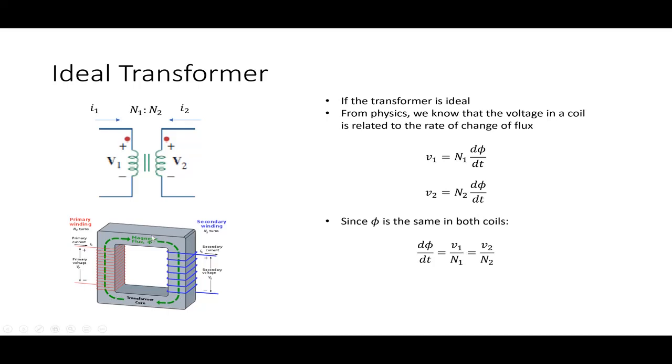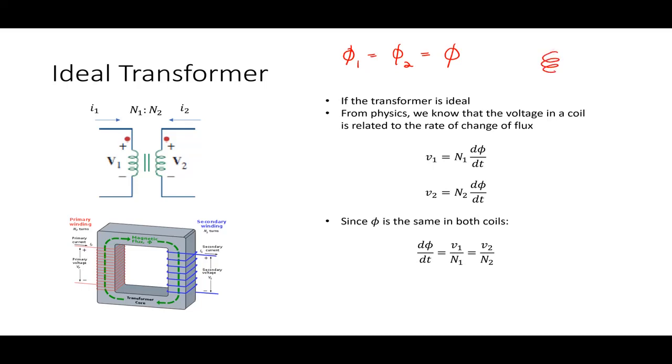In other words, there's just a magnetic flux going around this core, passing through both coils. So it's fair to say that the flux going through coil 1 and the flux going through coil 2 is exactly the same.